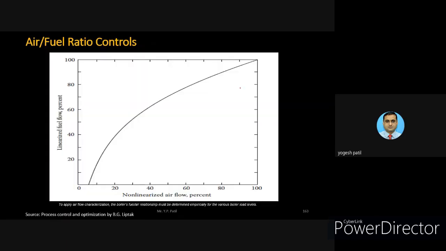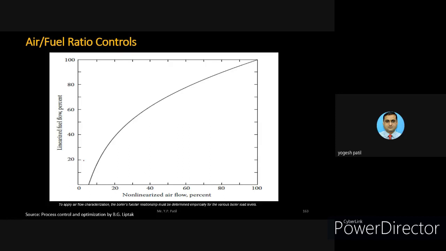Then the next part of this boiler is the combustion chamber, where the air fuel ratio needs to be monitored or maintained. This graph shows that the relationship is not linear. You can see that on the y side, linearized fuel flow is mentioned in percentage, and on the x-axis the air flow is mentioned in percentage.